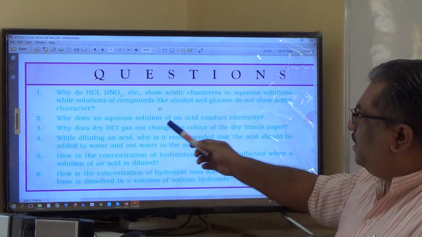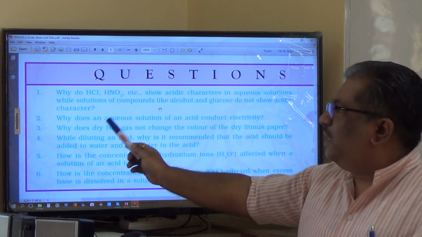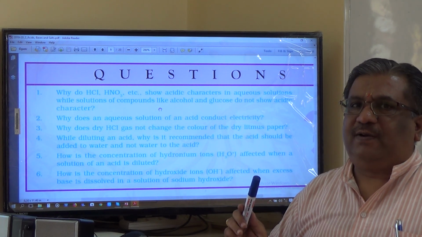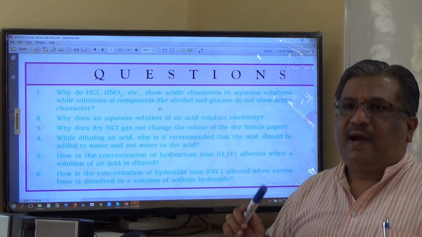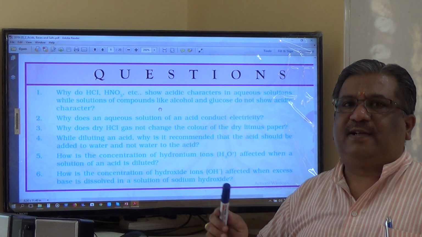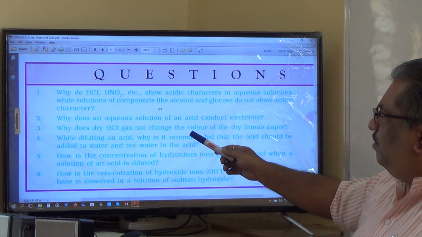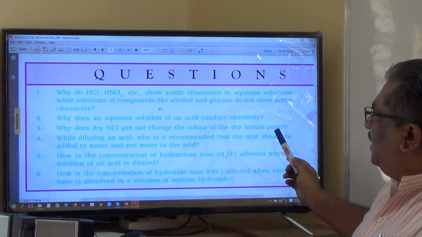Why does an aqueous solution of an acid conduct electricity? An aqueous solution of an acid contains H plus ions or hydronium ions, H3O plus ions, and ions are responsible for conduction of electricity. Why does dry HCl gas not change the color of the dry litmus paper?